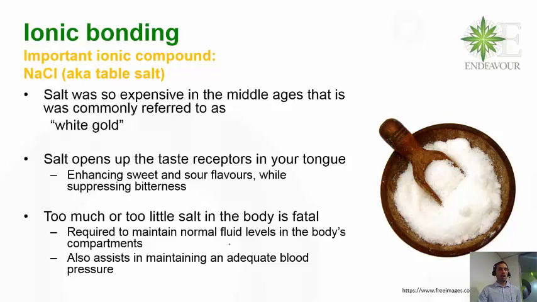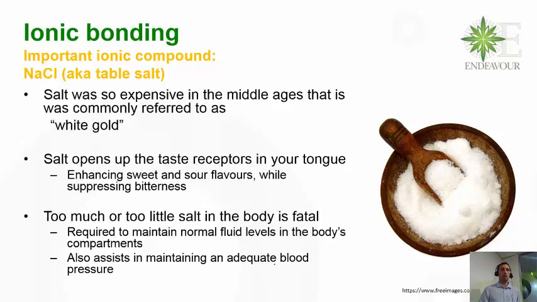And interestingly, the body having too much or too little salt is actually going to be fatal. We do actually require normalized levels of sodium and chloride ions from the NaCl here to actually allow the body to be able to function as it needs to. It also plays an important role in blood pressure.